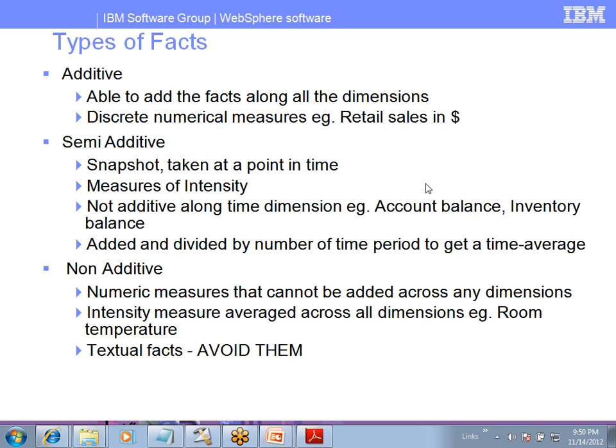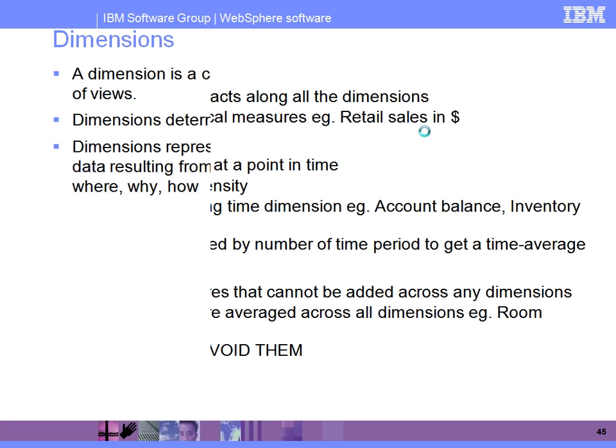What type of data is there in a fact table? A fact table maintains two types of data: composite primary foreign keys and a collection of facts. What are the foreign keys I am talking about in the fact table? Those are the primary keys in the corresponding dimension tables. Those primary keys in the corresponding dimension table will act as foreign keys in the fact table. That's what I showed you.